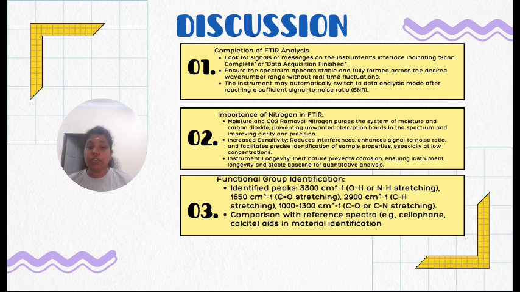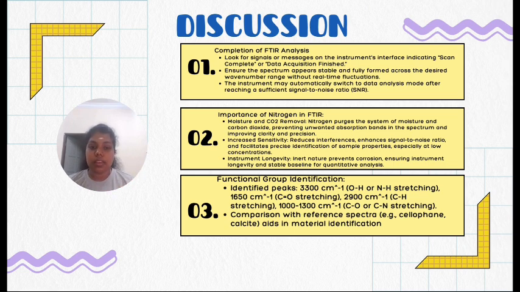Secondly, the importance of nitrogen in FTIR is moisture and carbon dioxide removal. Nitrogen purges the system of moisture and carbon dioxide, preventing unwanted absorption bands in the spectrum and improving clarity and precision.